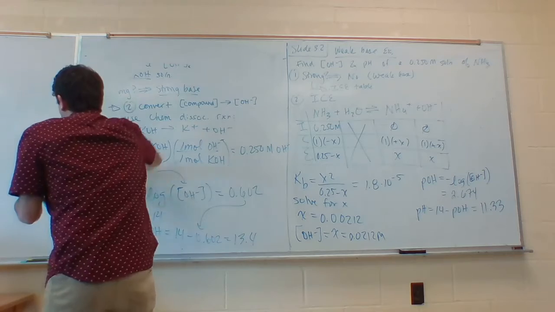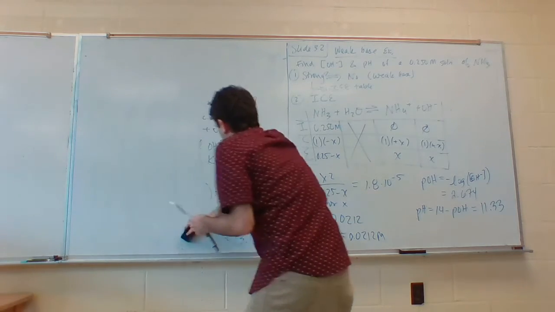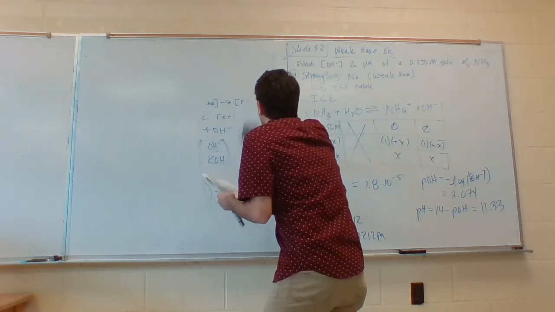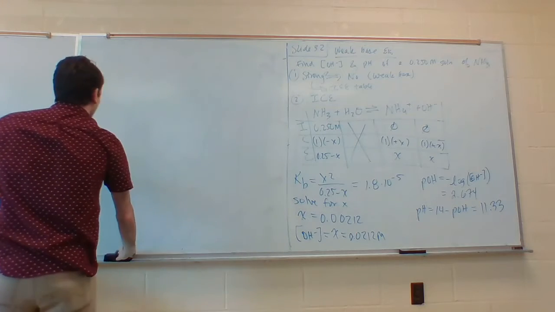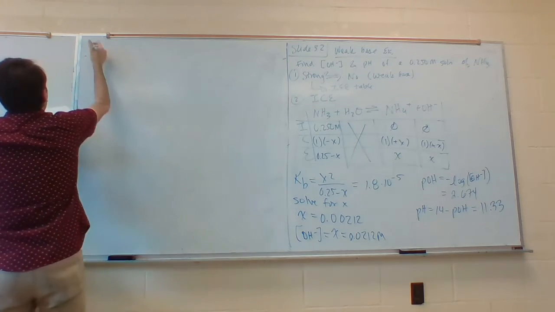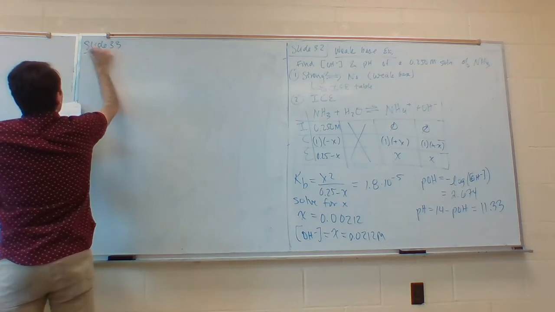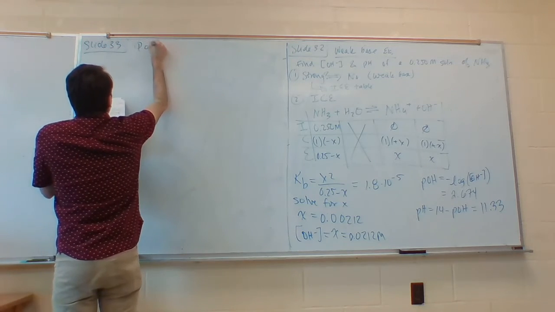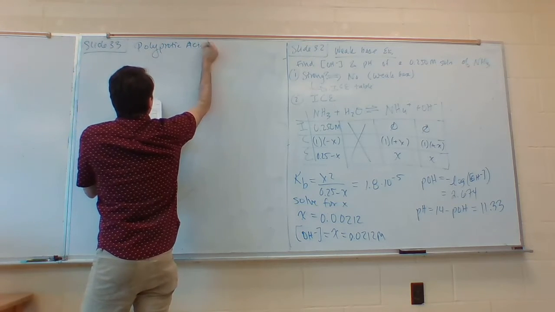Now, the next topic is a little bit complicated. Don't worry, I'll walk you through it. Okay? Now, our next topic on slide 33 is about something called polyprotic acids.